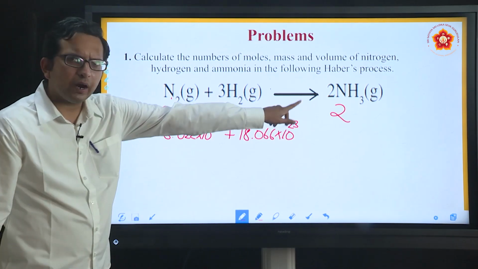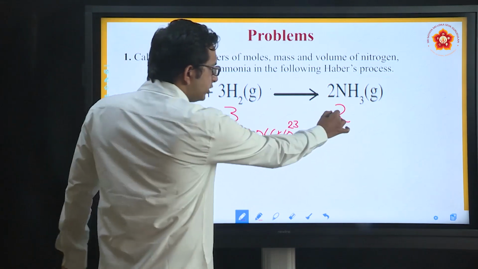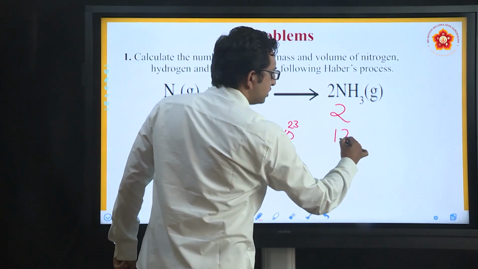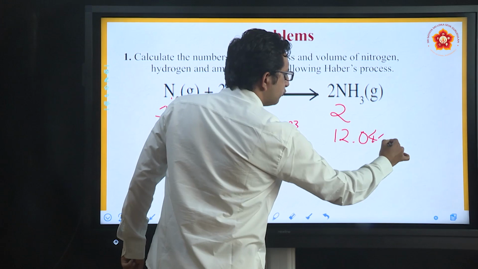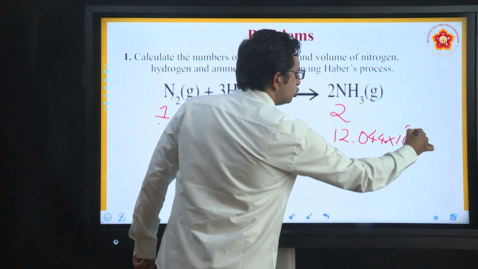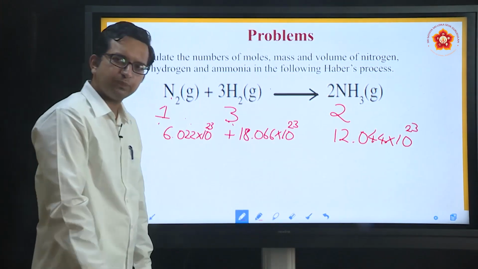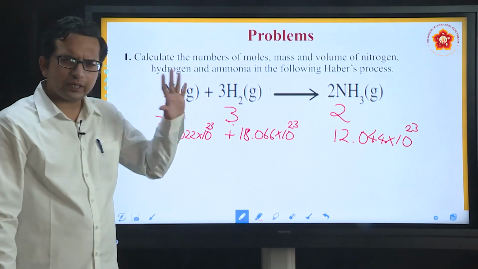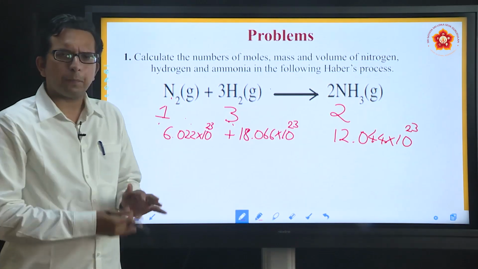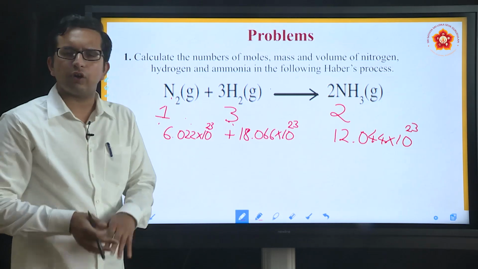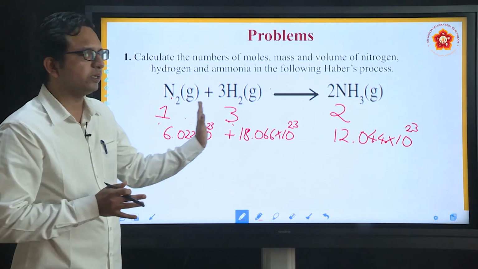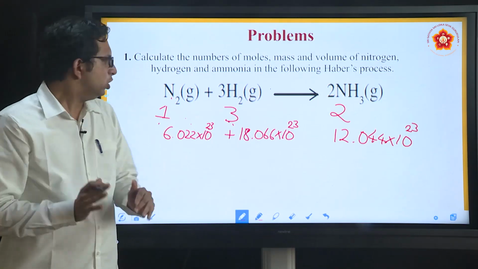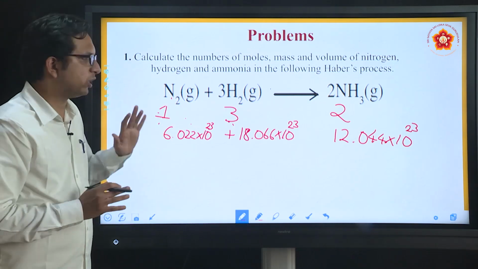And how many particles of ammonia do you get? You get 2 into 6.022, which is nothing but 12.044 into 10 raised to 23 particles. This is how we can understand the presence of the Avogadro number, or the total number of particles, in a particular reaction also. So moles are equivalent to the number of particles.